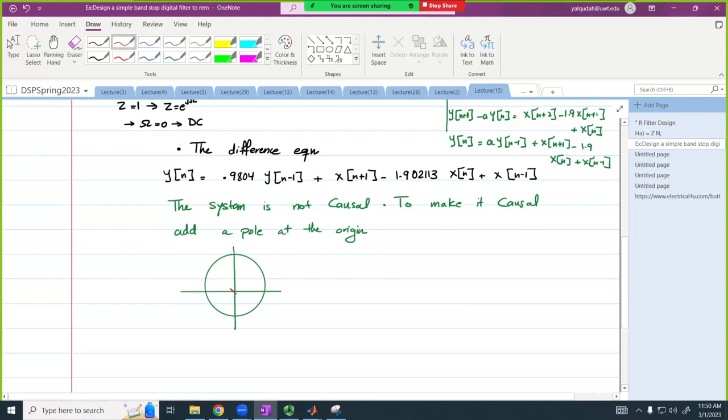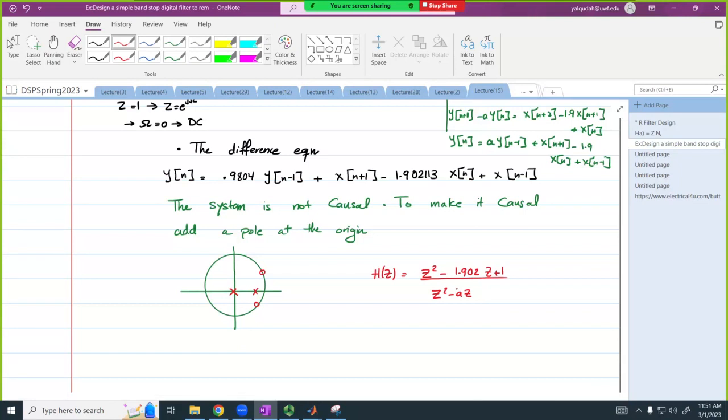We have a pole at the origin, we have another pole here, and we have two zeros here. What is the transfer function h of z going to equal? The numerator is not impacted. However, now I'm going to have z multiplied by z minus a in the denominator, which is going to equal z squared minus a multiplied by z. Make sense? Does everybody see it?